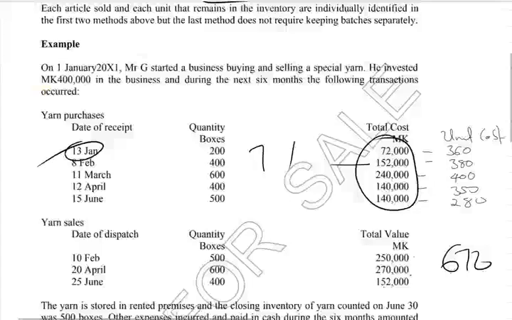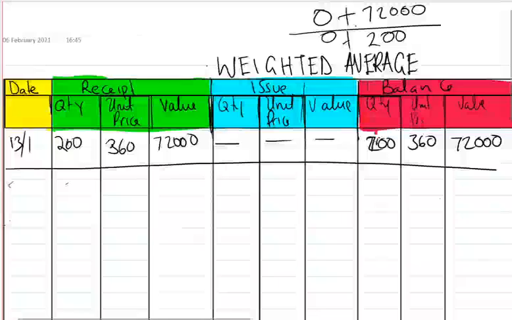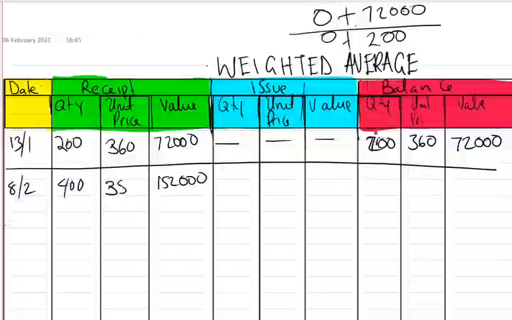The next transaction is on 8 February. We have a new consignment of 400 units at 152,000. If we want to find the unit price, we're going to say 152,000 over 400, which is 380. There's no issue, but because there is a new consignment, we'll have to calculate a new weighted average.